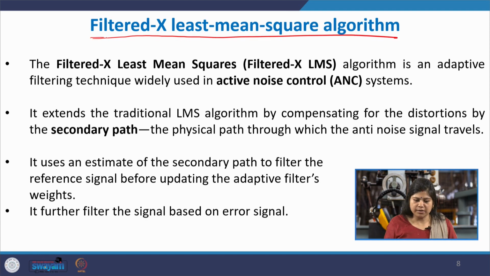mean square algorithm. What we want is that the expected anti-noise signal and the noise should be exactly out of phase for perfect cancellation, so our set standard is a flat response at the 0 level. But the actual error signal that we measure is not at 0.